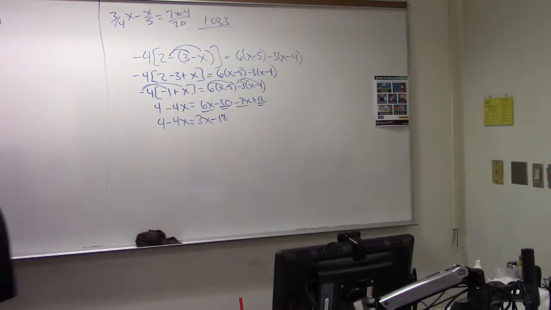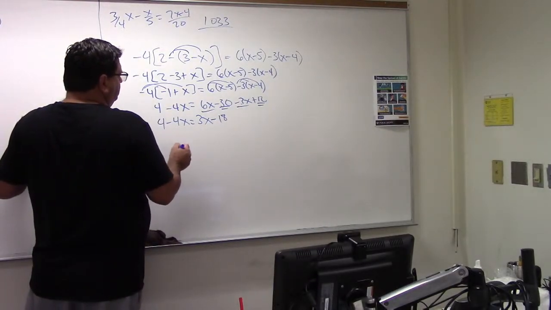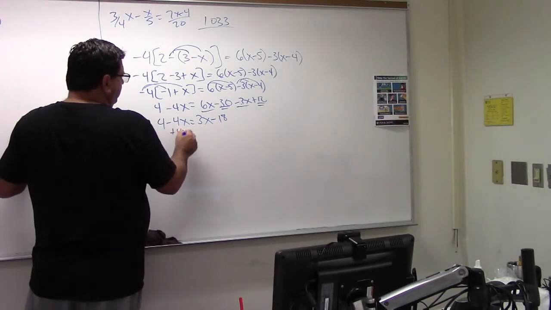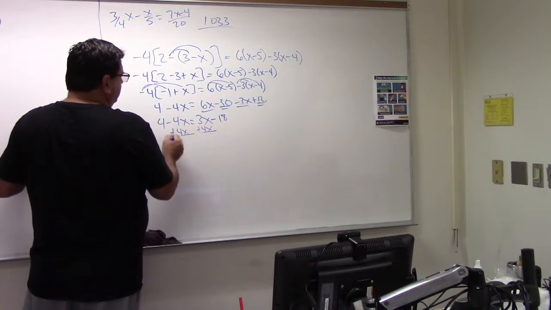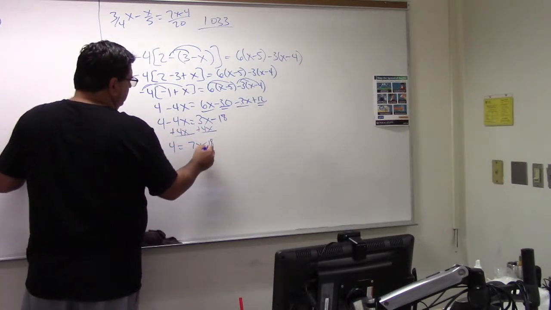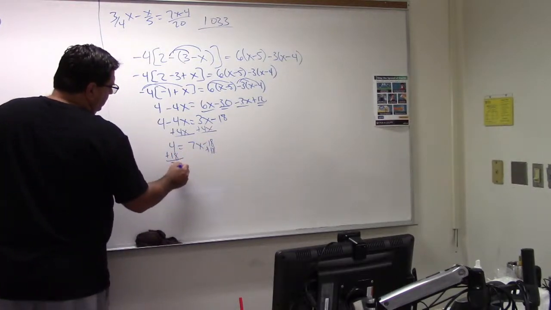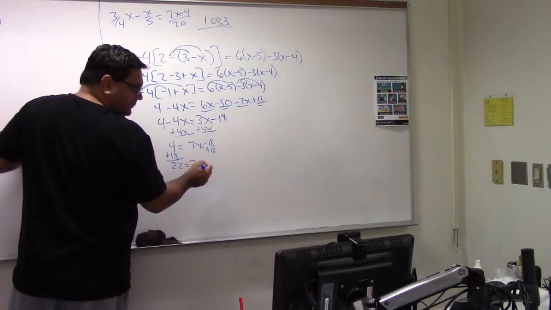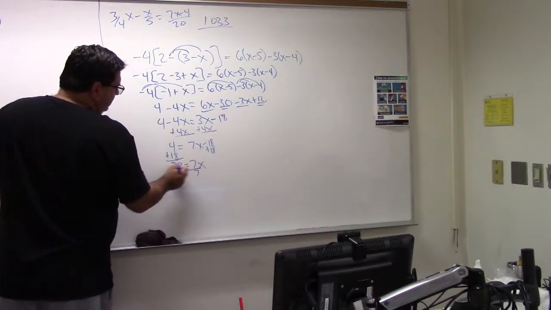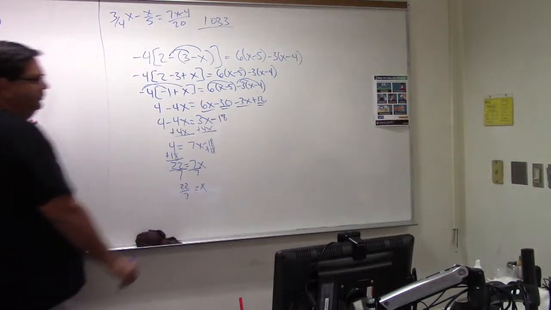Good? Now from there, add 4x. 4 equals 7x minus 18. Add 18. 22 is equal to 7x. Divide by 7, and x is equal to 22 over 7.